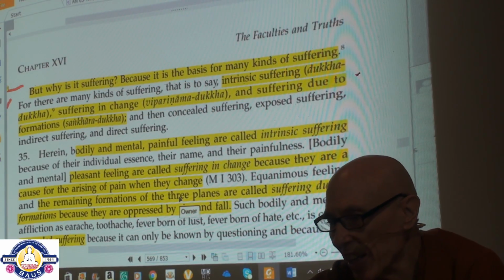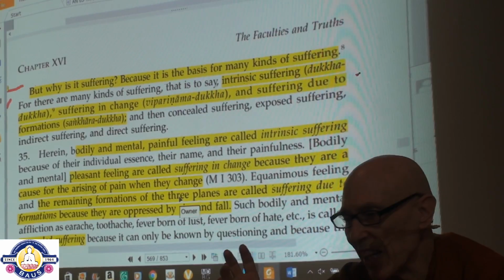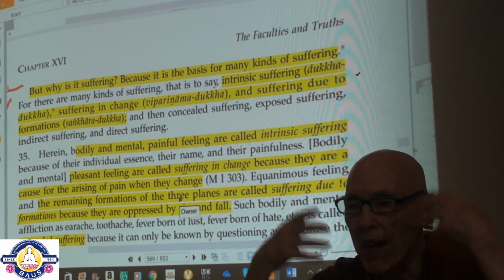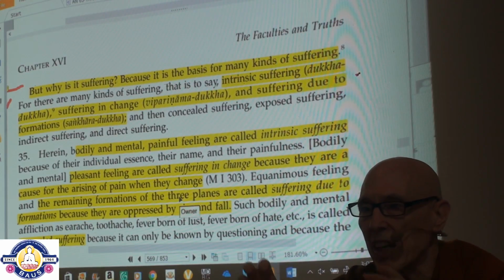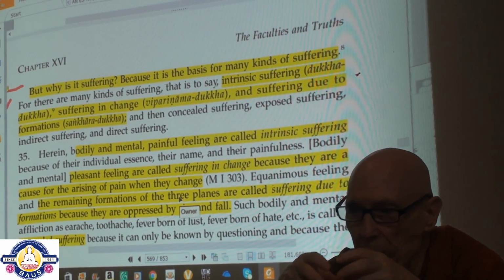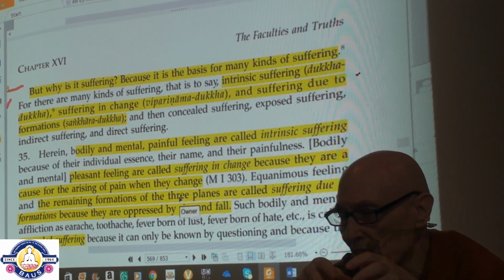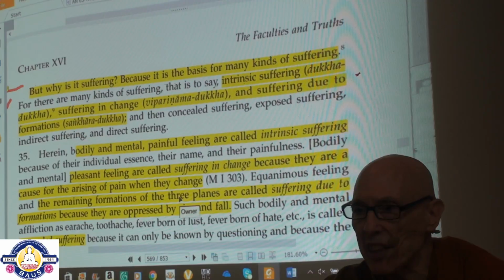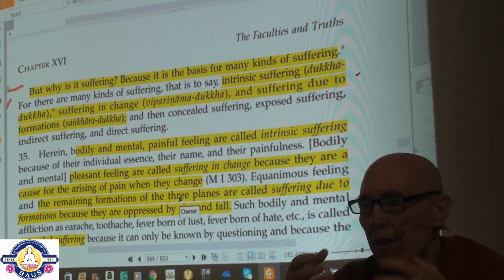But the suffering due to formations, due to conditioned things, this is the unsatisfactory nature of conditioned existence, because everything that makes up our being, these five aggregates, is always arising and passing away, arising and passing away. And so when one gains deep insight through the intensive practice of insight meditation, then one sees that what one takes to be I, to be me, to be myself, is just an aggregation, a constellation of the five aggregates.